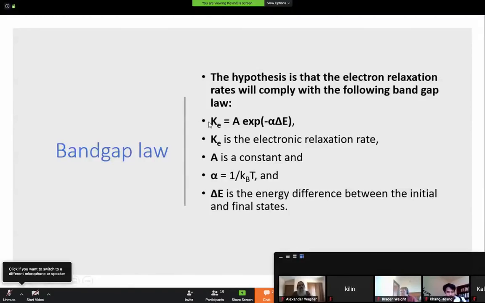My relaxation rate is equal to a constant times e to the negative alpha delta E. Delta E is the change in energy. Alpha is 1 over the Boltzmann constant times temperature, and this is the electron relaxation rate. So as stated, one of the primary goals of my research is to see how my relaxation rates follow this band gap law.